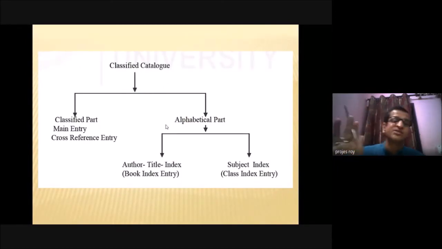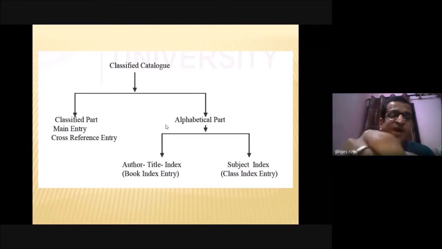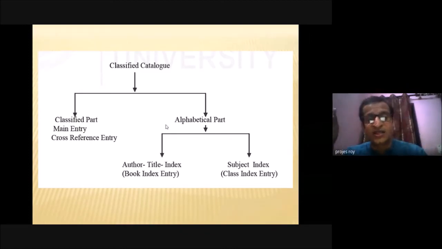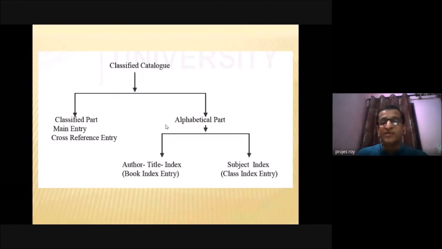When you are talking about the classified part, you are arranging things subject-wise and through cross-reference entries. But in the alphabetical part, the author index and the subject index are arranged in alphabetical order.